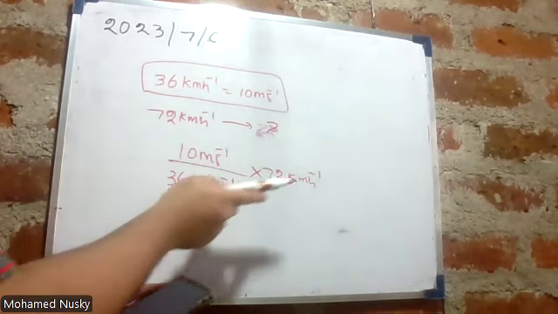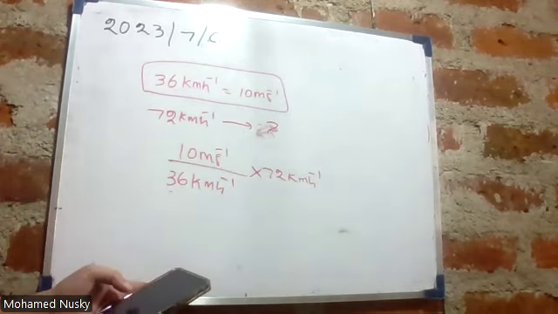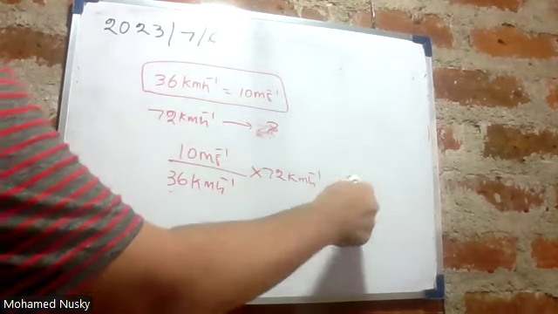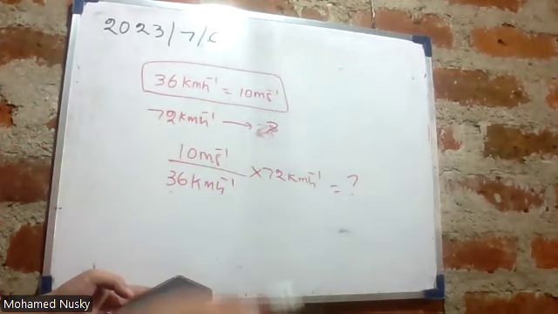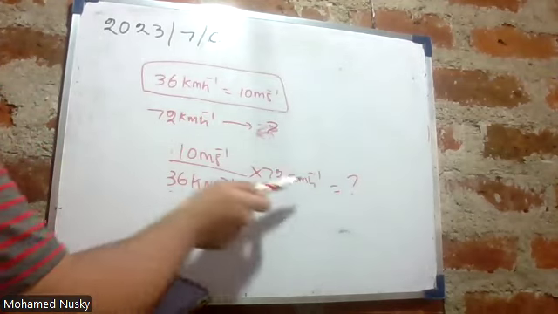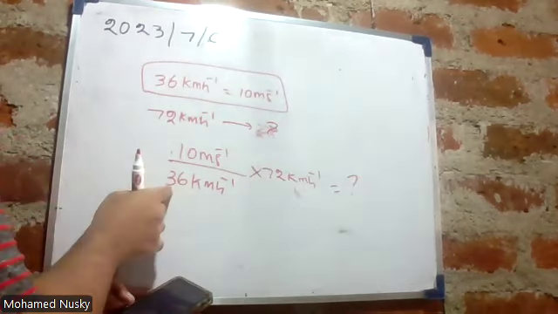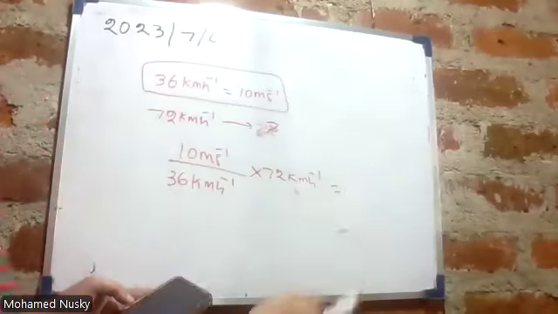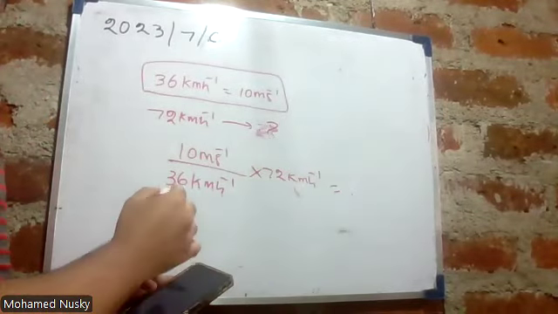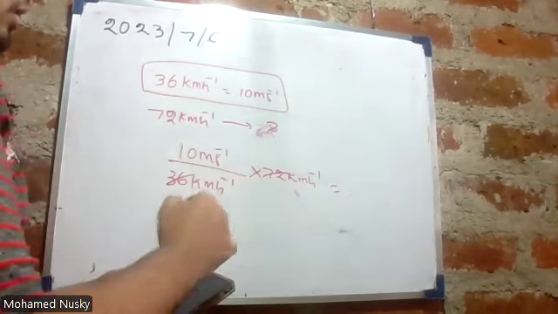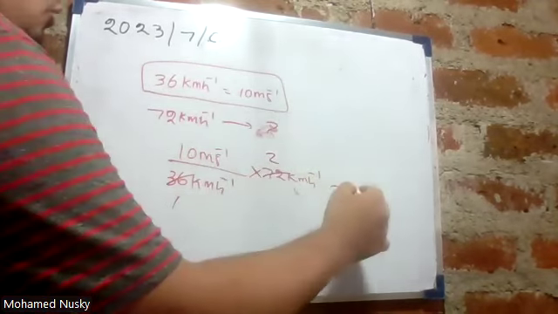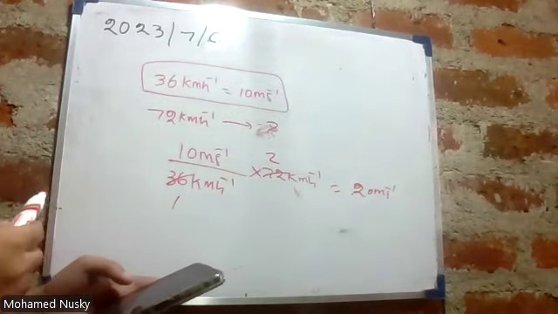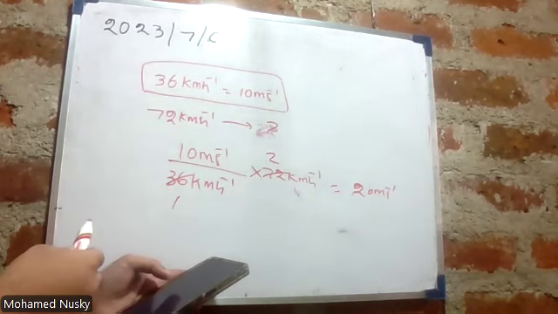In 72, how many 36? 1 time, 2 times, 2 into 10, 20 meter per second minus 1.